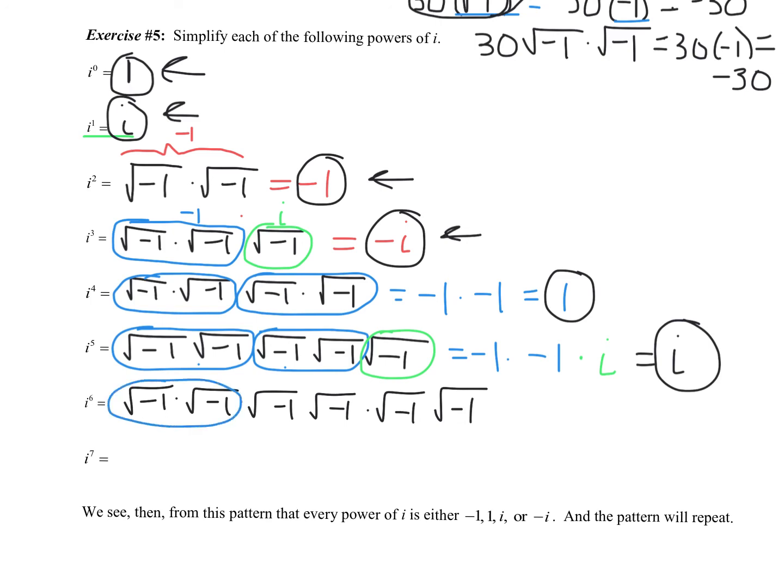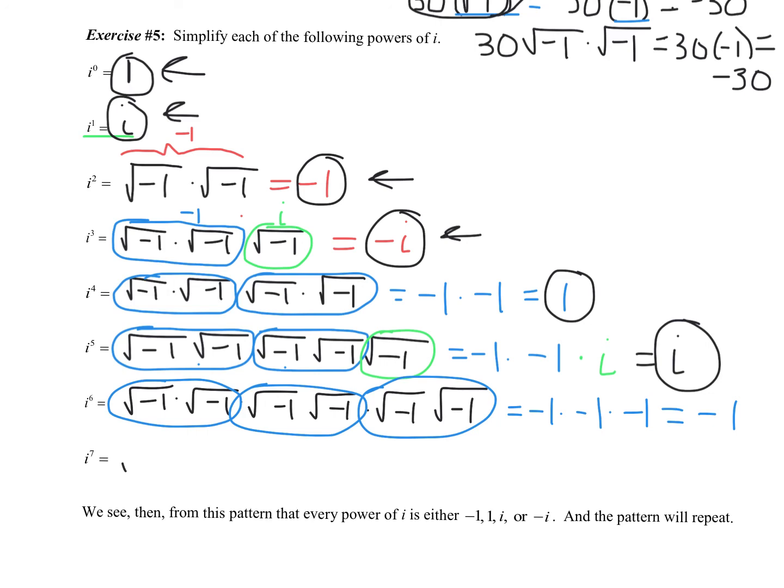Pairs. So I have 3 pairs, so that's -1 times -1 times -1. 3 -1s multiplied together is -1, which is, as I said, next thing in the pattern was that -1.